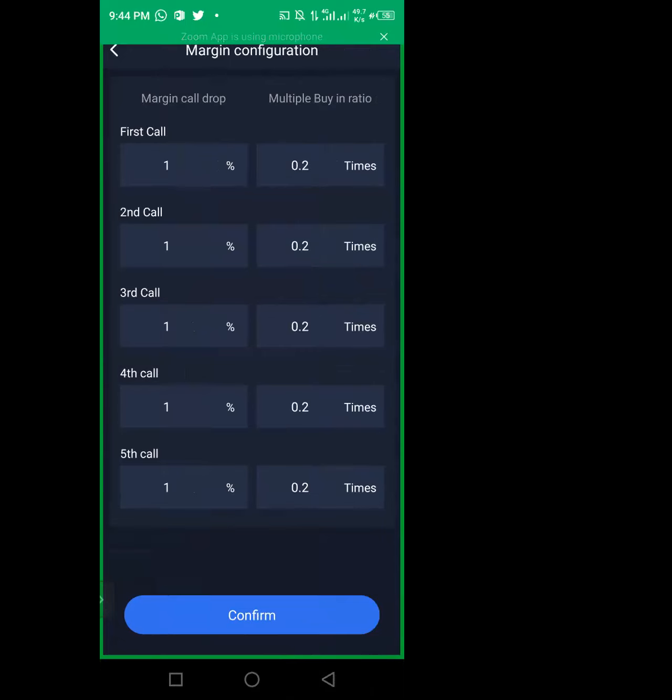So when it comes out by 5%, remember the coin must drop by 5% for this fifth call for the robot to buy it. So for the robot to sell it independently, the coin must have increased. Since you set 7%, you want to take 7% in your fifth call. If the coin increased by 1, 2, 3, 4, 5, your return rate is now 5%.